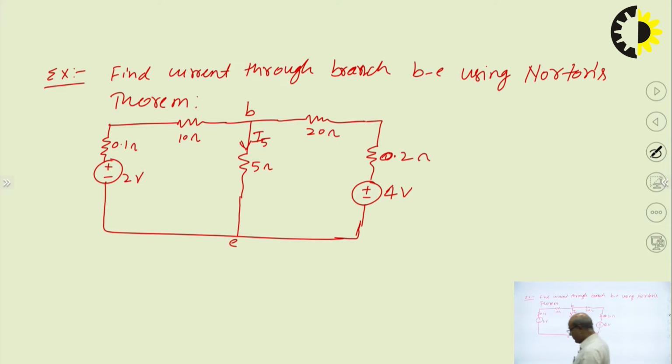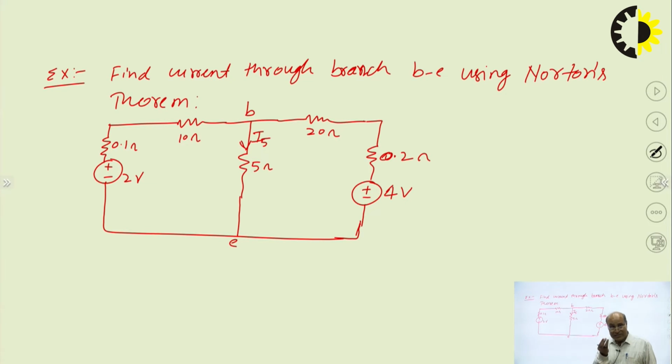Now we can apply our Norton theorem to calculate the current in branch BE. How can we apply Norton theorem? We know that any complex linear bilateral active circuit can be replaced by a simple two terminal network having a current source in parallel with resistance across the load. And what is the load?